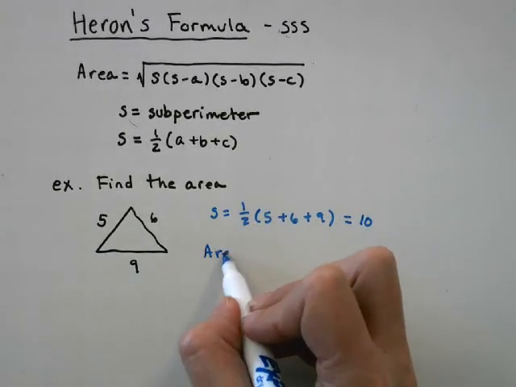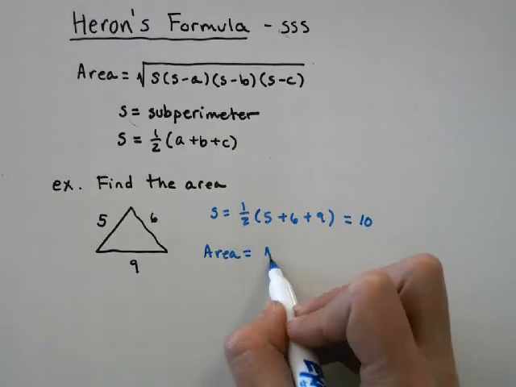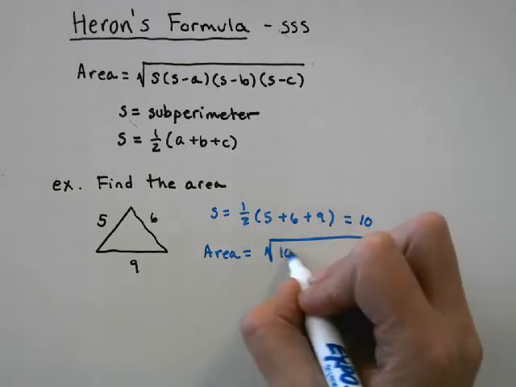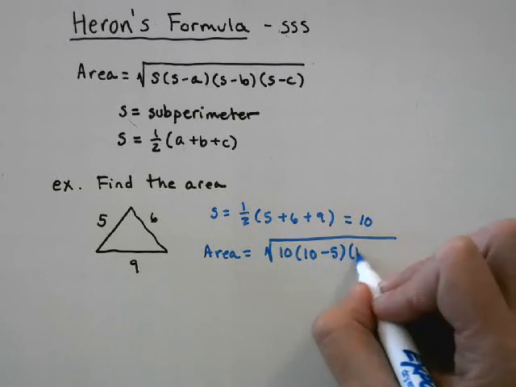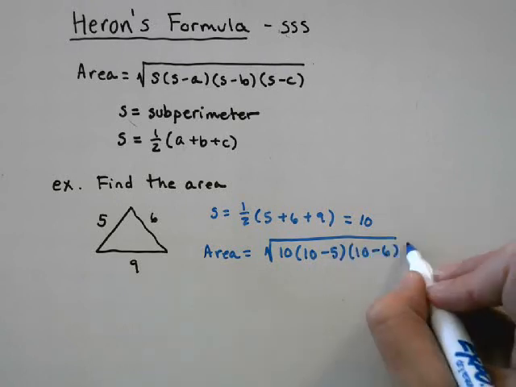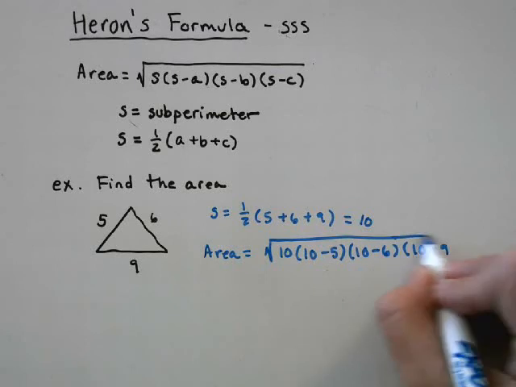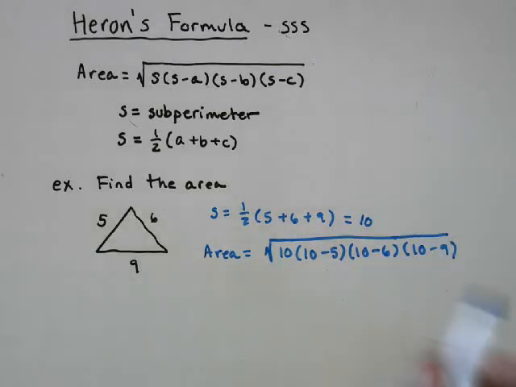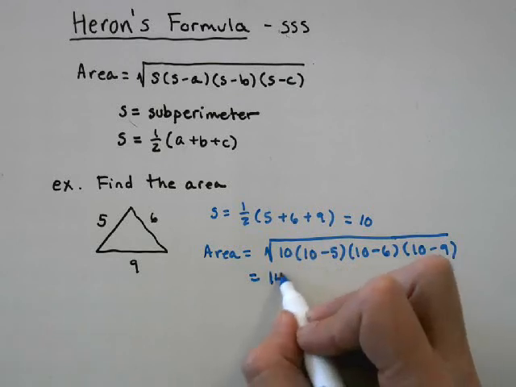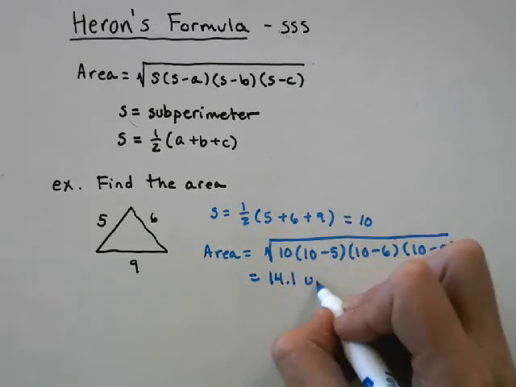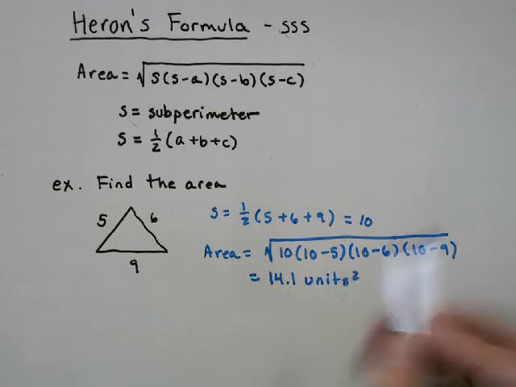So our area is going to equal the square root of 10, times 10 minus 5, 10 minus 6, and 10 minus 9. Use our good old trusty calculator to get an answer of 14.1 units squared.